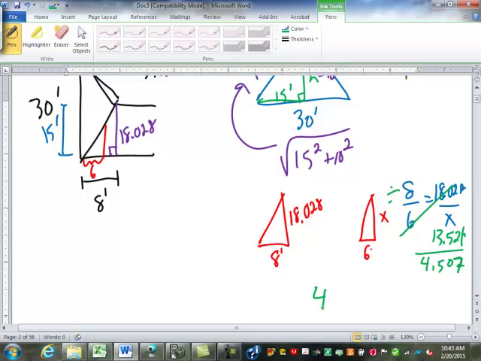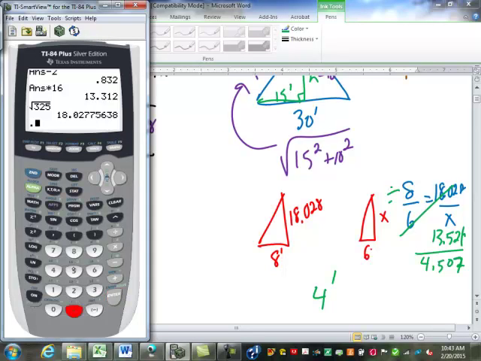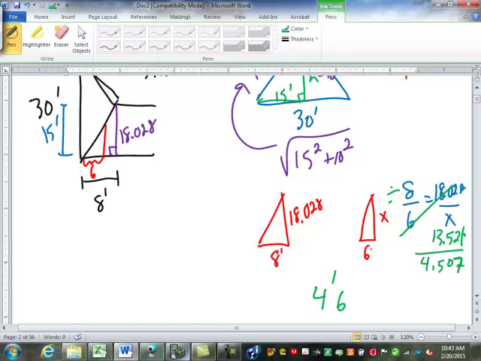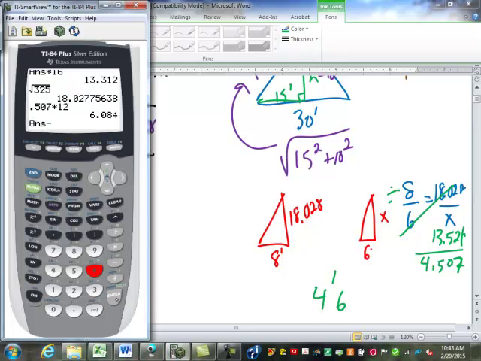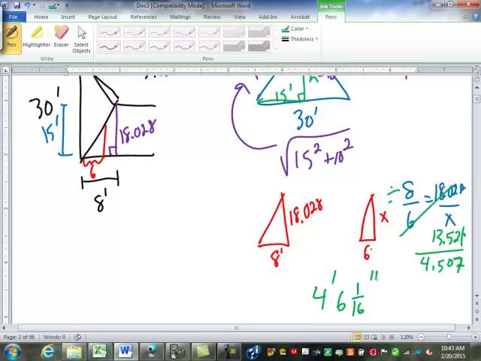That is 4 feet. 0.507 times 12 is going to be 6 inches. Subtract 6 times 16, and I don't think we're going to get a full 16th. Oh yeah, we are going to get a 16th out of it. 1/16.